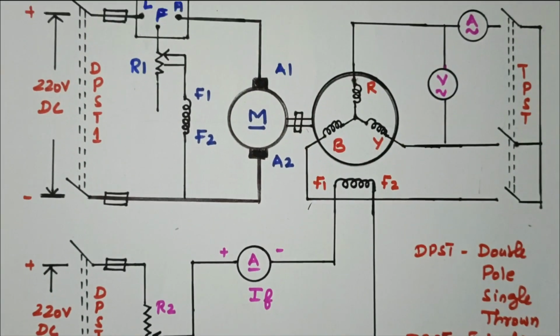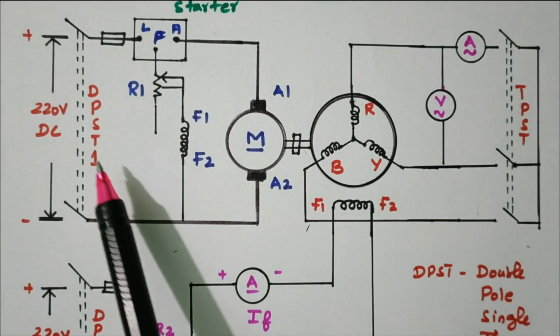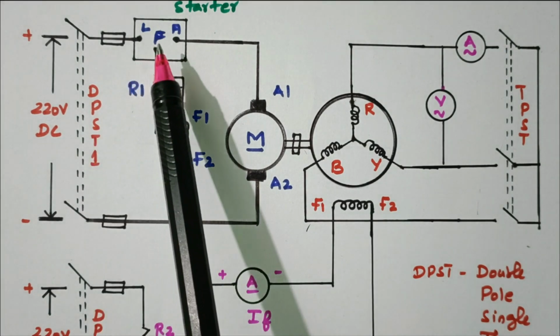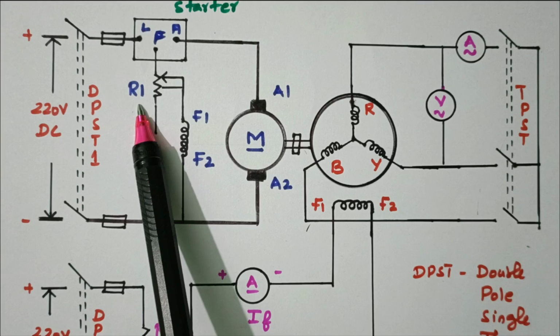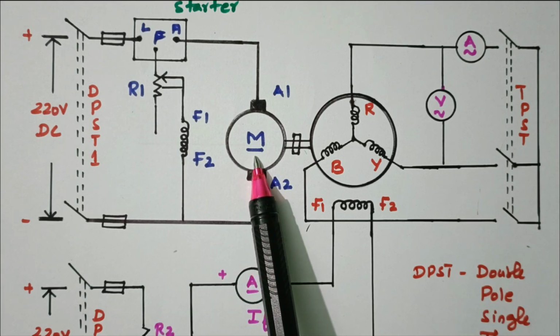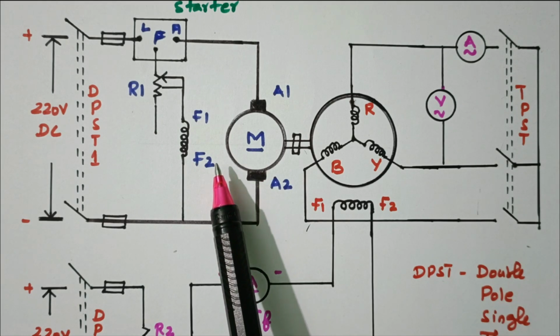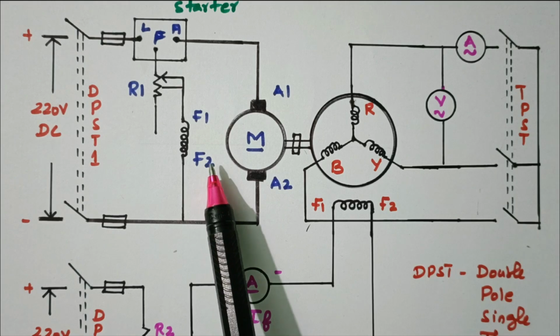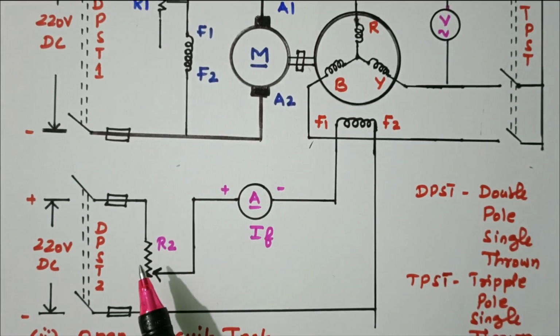So I will repeat again. During the open circuit test, first DPST switch 1 is closed. The motor is started with the 3-point starter. Rheostat R1 is varied in order to bring the motor to the rated speed. Then the residual voltage is measured with IF equal to 0. Second, DPST switch 2 is closed to energize the field winding of the alternator.